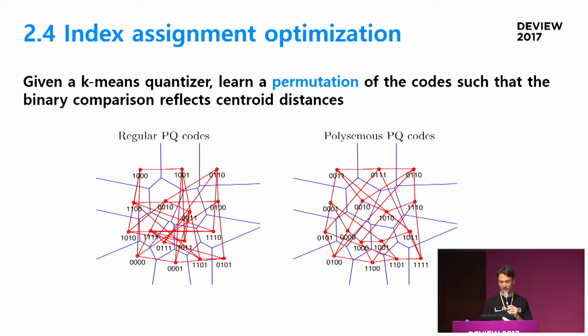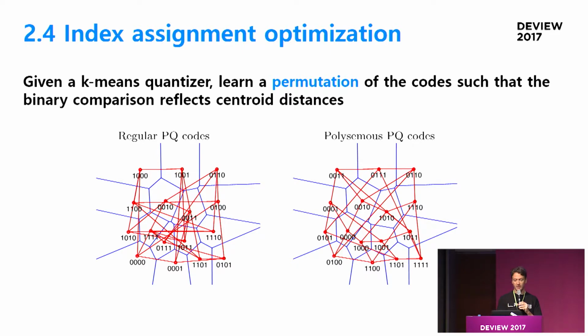Take the example of this centroid, which is assigned 1, 0, 0, 0, and this centroid, which is here. There is only 1 bit of difference, so they are supposed to be close, but they're quite far away in the space. And it's normal that this can happen because we didn't make any effort to optimize the assignment.